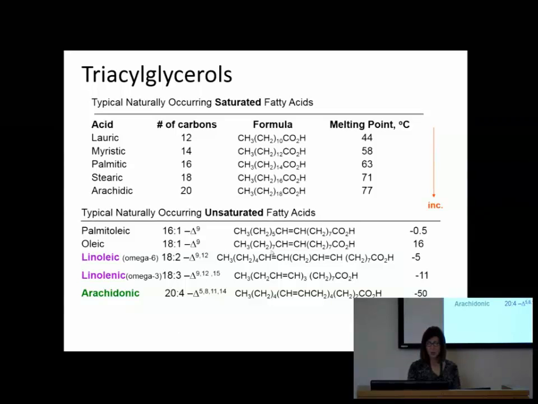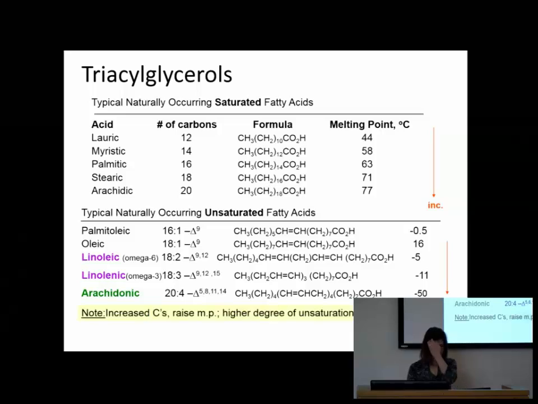It's going to be liquid, also known as an oil, right? And here, the fatty acids at room temperature are going to be solids. So they're solid fats. Increased number of carbons, you're going to raise the melting point. Higher degree of unsaturation, meaning more double bonds, lowers the melting point.